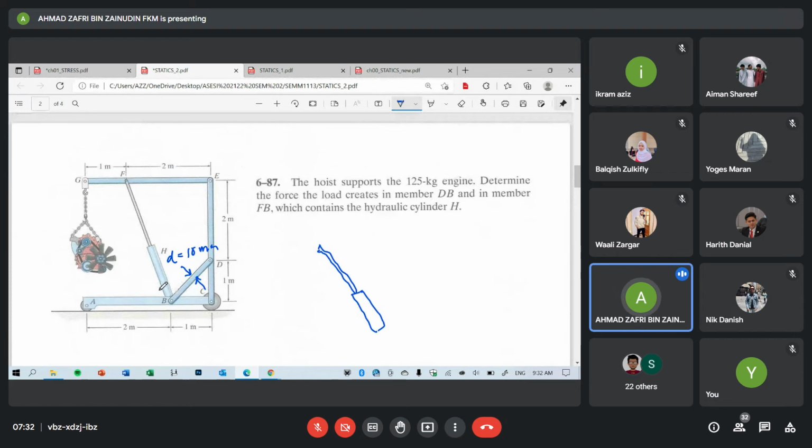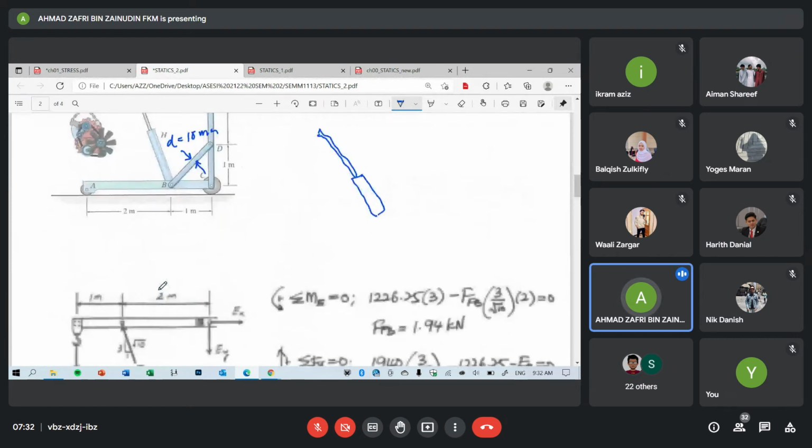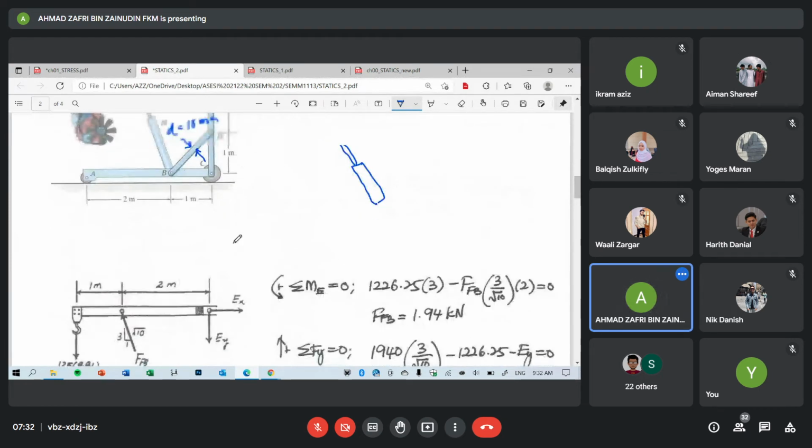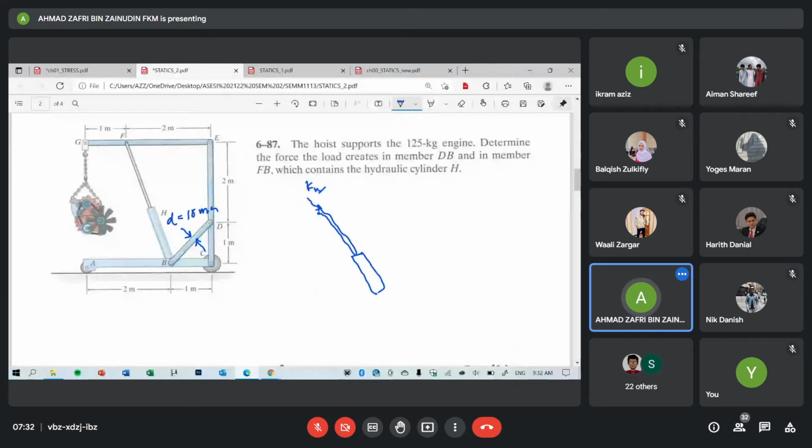Where we transfer it to FB, it must be at the same point there, but opposite, right? At B, we also have support here, so we have opposite.